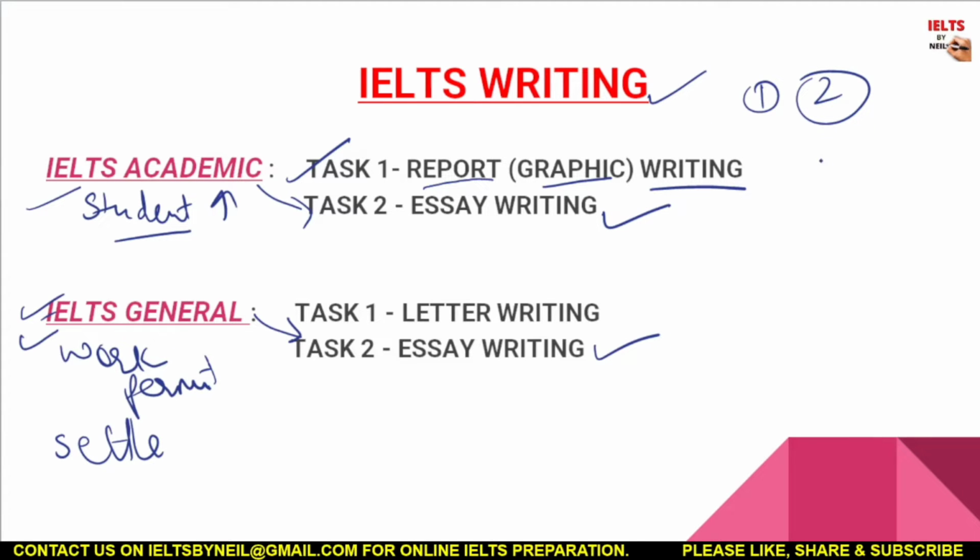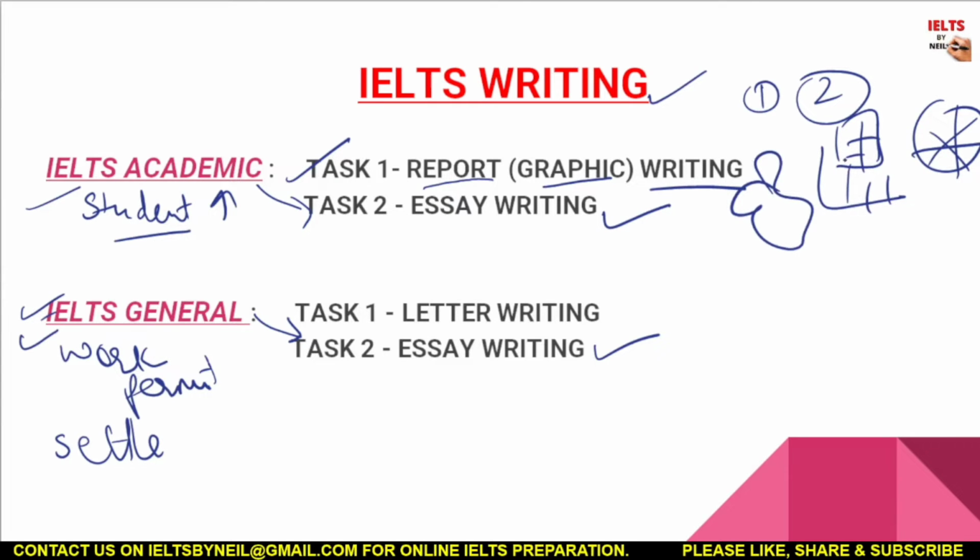For example, you can get a graph, a pie chart, a table, or a map. Okay, so it can be anything. There are like 7 or 8 types of diagrams which you can get, and you will need to write a report by looking at the diagram. So this happens in IELTS academic.